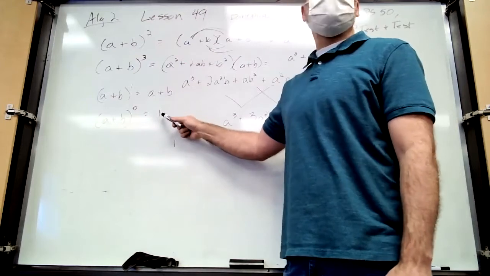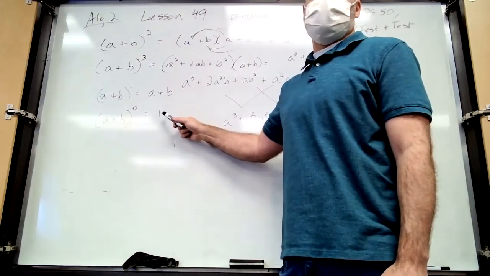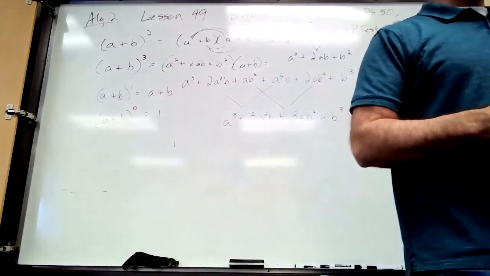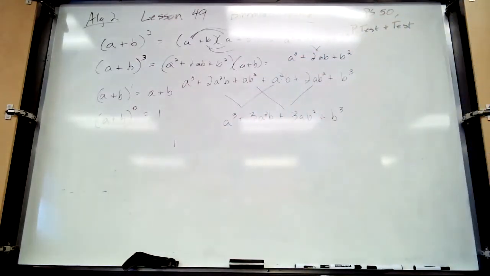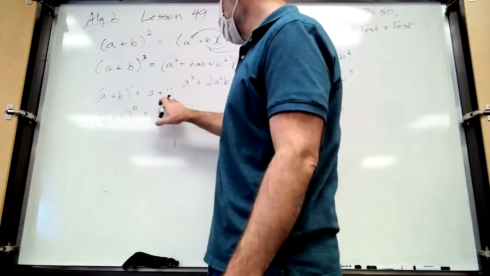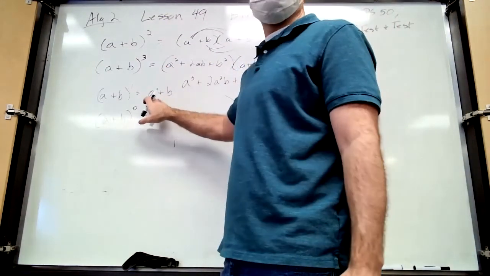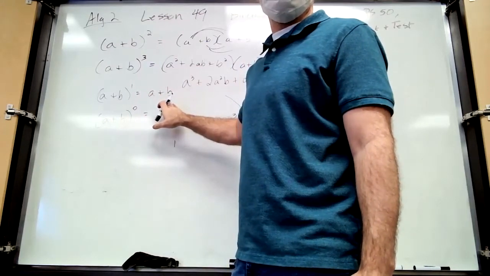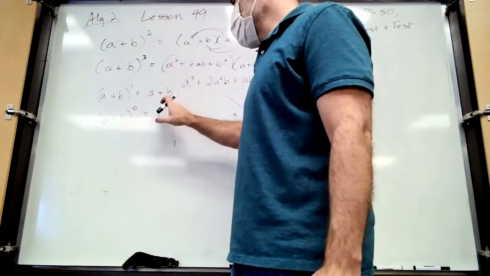There is a variable there; it is just invisible because it has an exponent of 0. The coefficient of a constant is always itself. So 1. Now look at the coefficients of a plus b. Do you know what I mean by coefficients? Yeah, these are both 1 and 1.